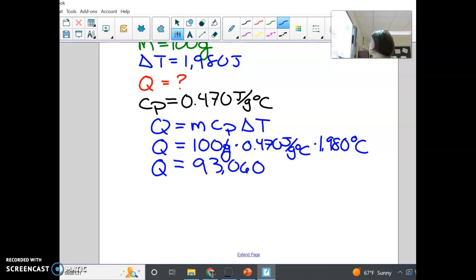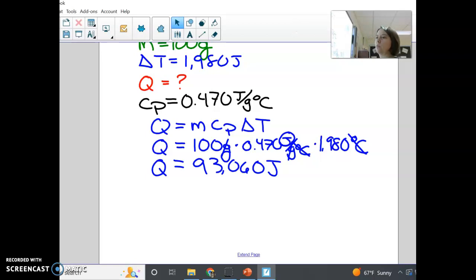This grams cancels with this grams, and this degree Celsius cancels with that degree Celsius, and we're left with joules. And today we are not going to worry about sig figs, because it would technically only have one, which would be 90,000, but we're just not going to worry about it right today.